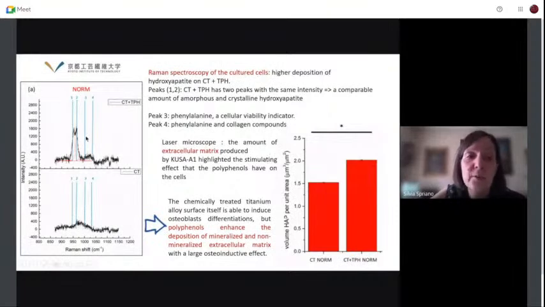And again, you can see that the peaks related to hydroxyapatite are much more evident when you put the cells in contact with the functionalized surface. So at the end, we can say that the chemical treated titanium alloy surface itself is able to induce osteoblast differentiation, but polyphenols are able to enhance the deposition of mineralized and non-mineralized extracellular matrix.